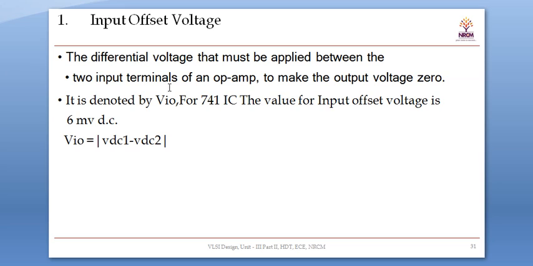So it is the differential input voltage that must be applied between the two input terminals of the op-amp to null the output, denoted by VIO, and its maximum value is 6 millivolt DC. VIO is given by the modulus of VDC1 minus VDC2. VDC1 through a series resistance RS is connected to one input terminal, and VDC2 through RS to the other.